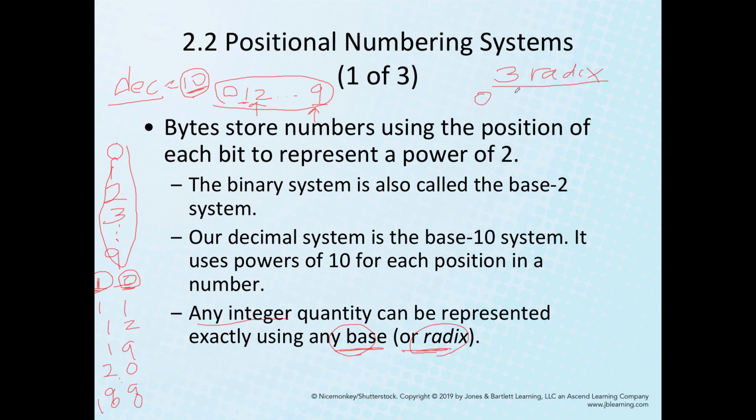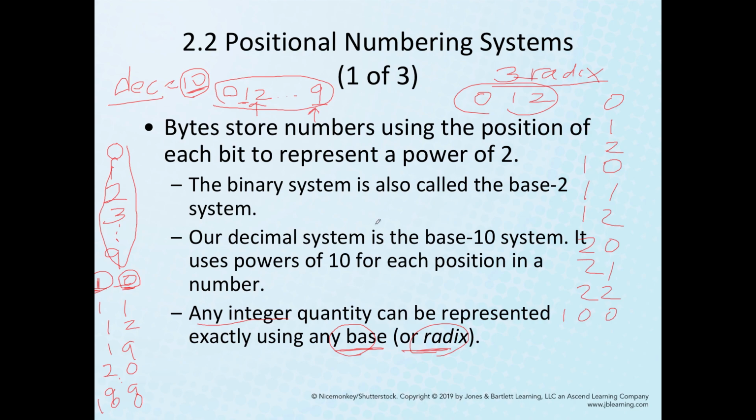So in a radix 3 number, counting is as follows: 0, 1, 2. We have used all available symbols, so we introduce another position. Then 20, 21, 22. We have used all symbols in the second position, so we introduce another position, and so on. So this is radix 3.